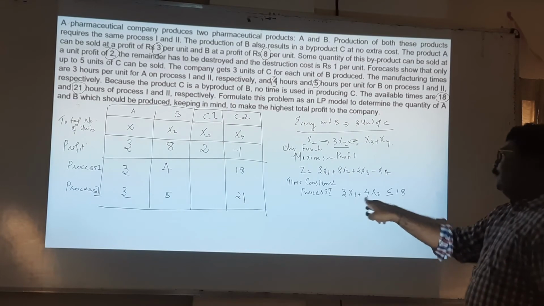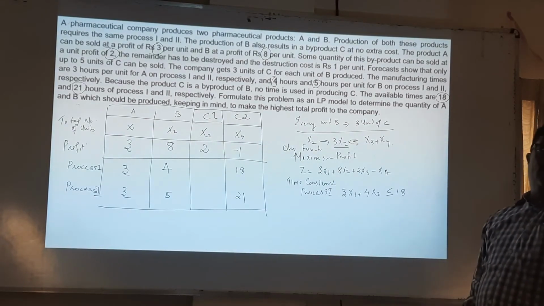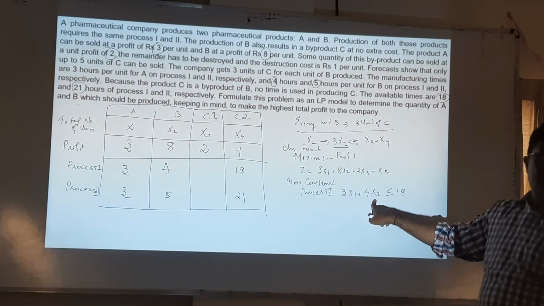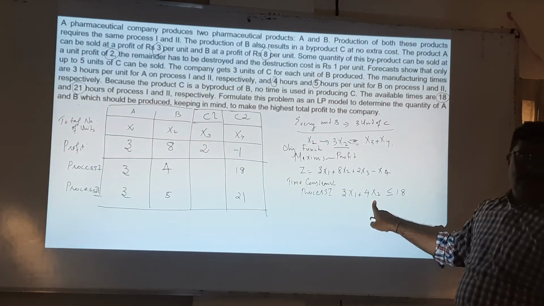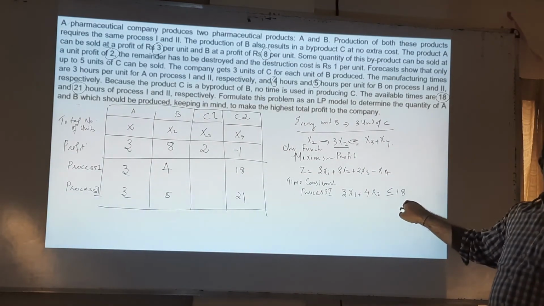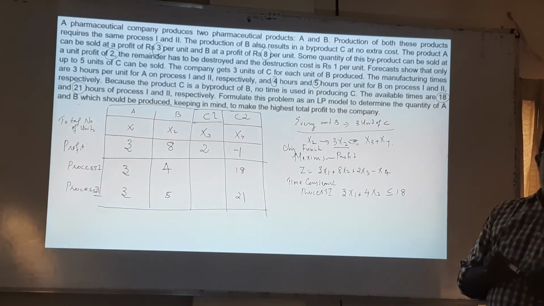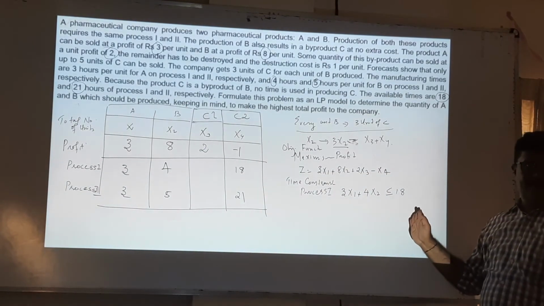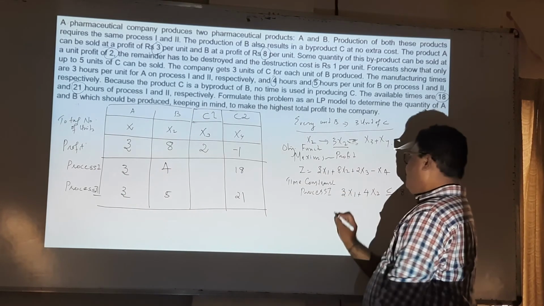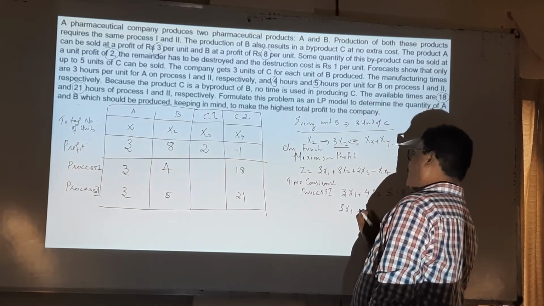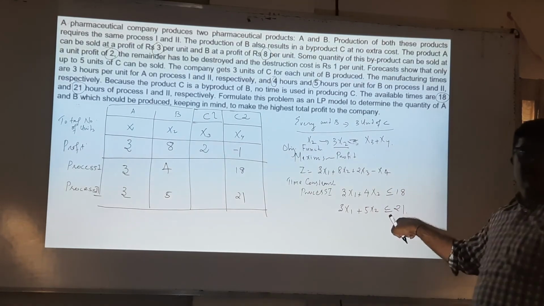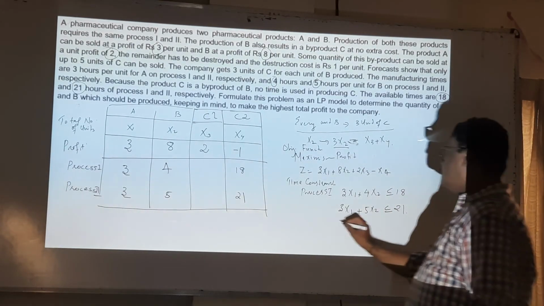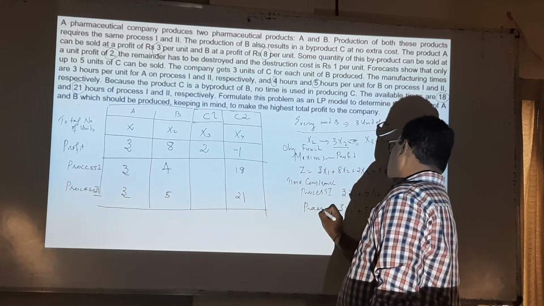For 1 unit of B in process 1, 4 hours will be taken, so for x2 units it is 4 into x2. The maximum availability is 18 hours, so it cannot go beyond 18 hours. Next, 3x1 plus 5x2 less than or equal to 21. Maximum time availability is 21. This is for process 2.